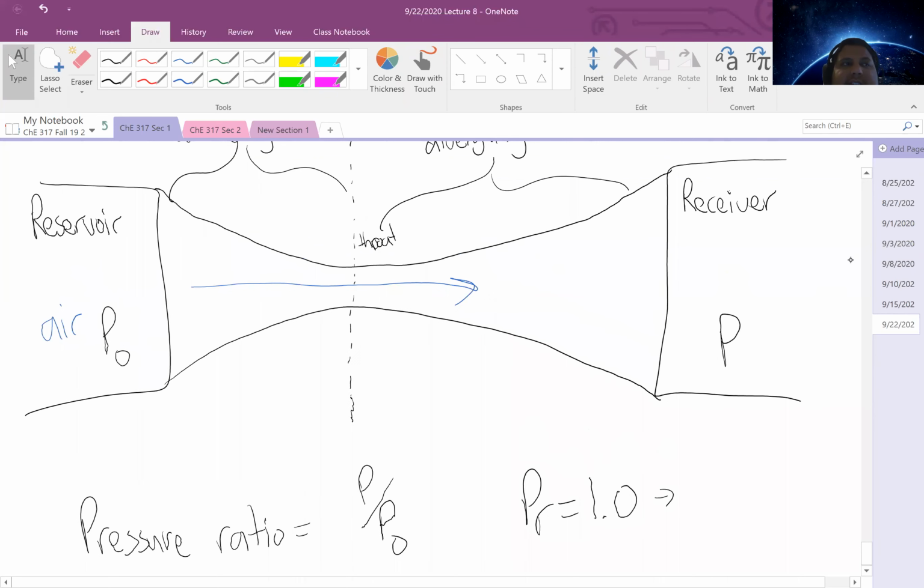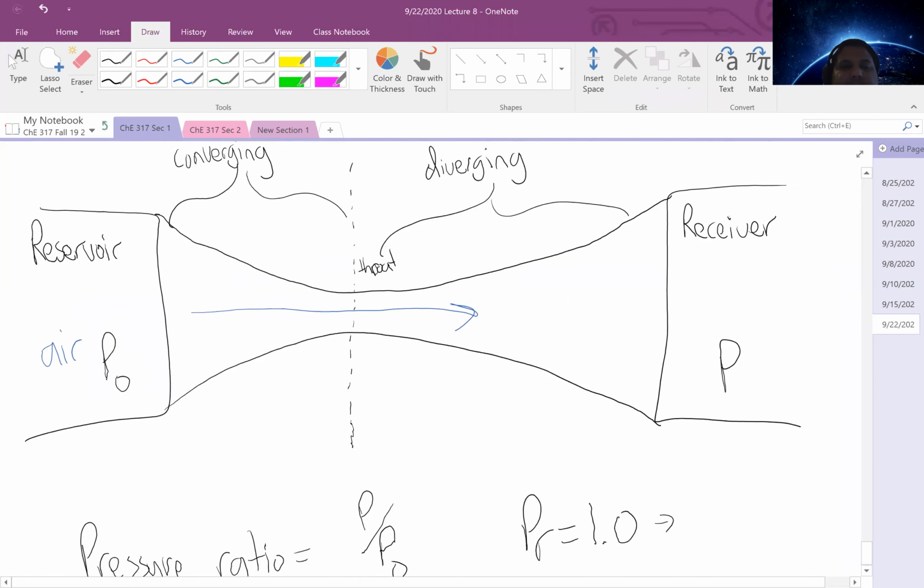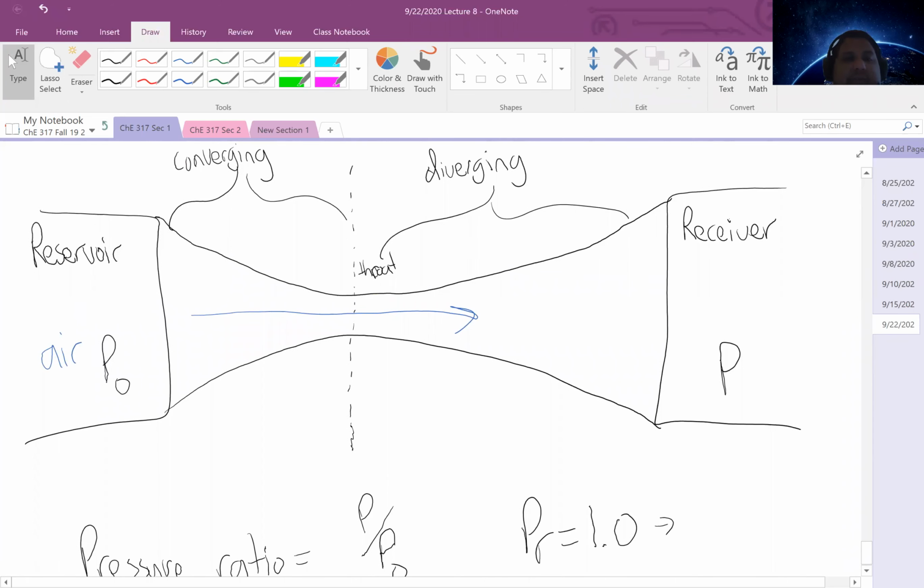And if my pressure ratio is unity or 1, that means that the receiver pressure and the reservoir pressure are equal. For this case, what do we anticipate to happen in terms of flow if my reservoir pressure and my receiver pressure are the same?